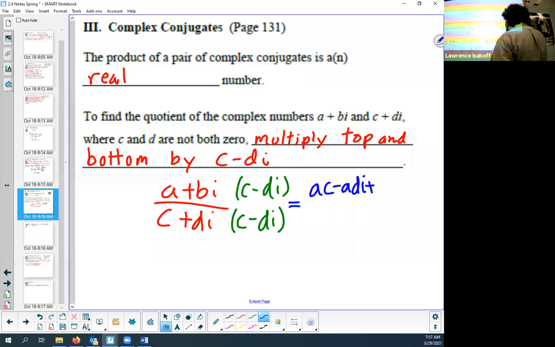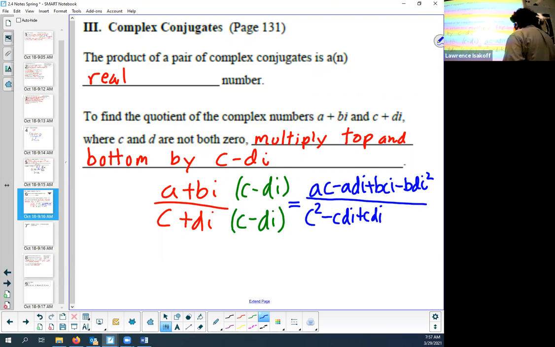Then that's going to be plus bc times i, minus b times d i squared, all over c squared, minus c times di plus c times di minus d squared and i squared. Those conveniently cancel out here.